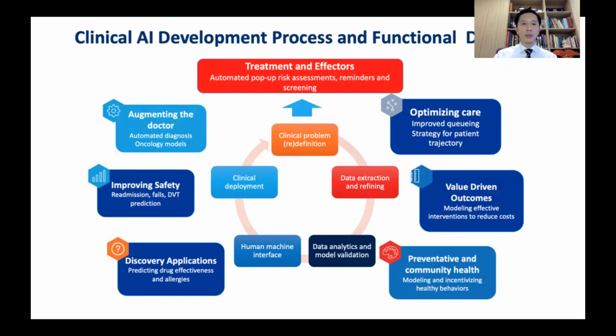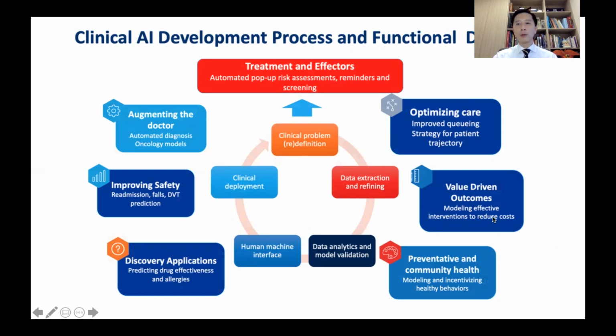There are, of course, discovery applications that we would like to undertake in this era of the pandemic. We think that there are certainly opportunities in drug discovery applications and effectiveness analysis. In terms of optimizing care, we can improve the way we transact queuing optimization so that patients have to wait less.